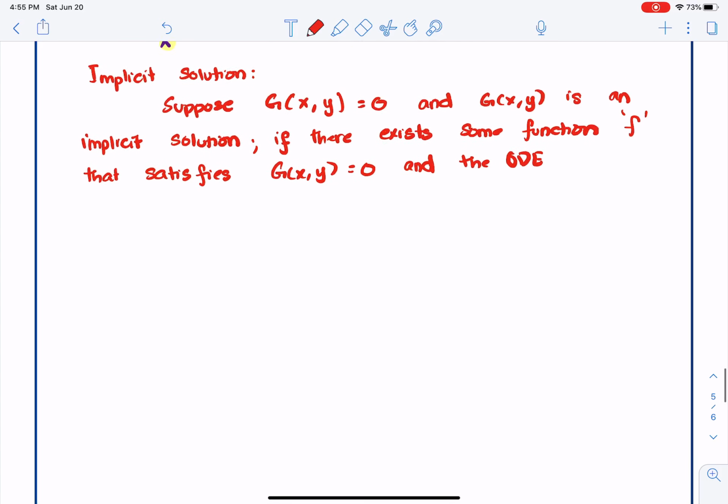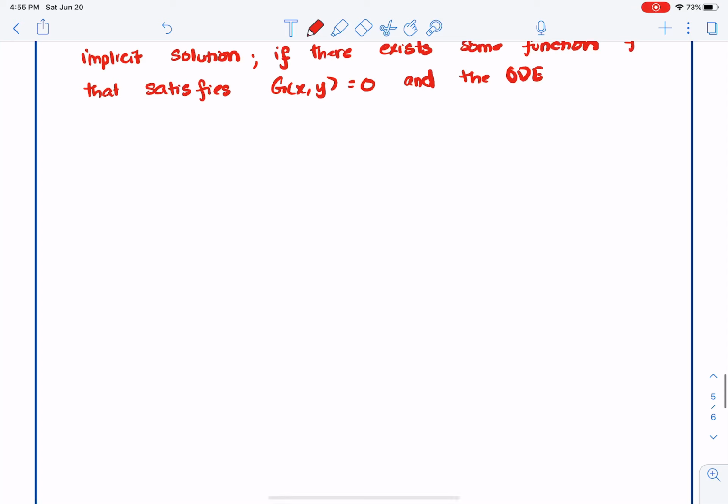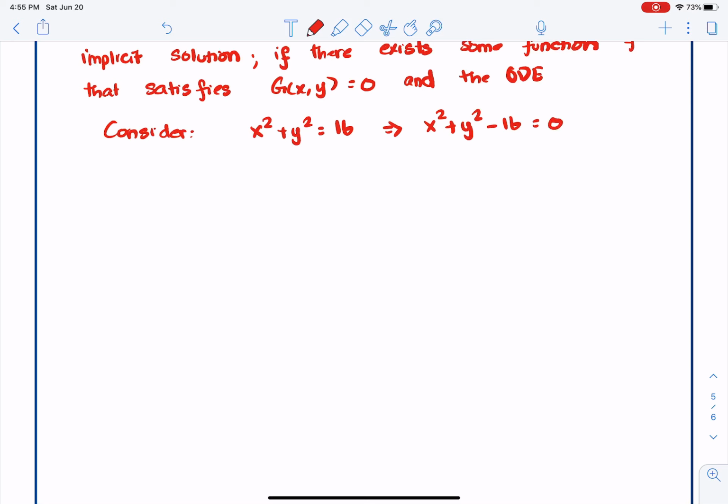So let's say we have x squared as an example. Consider x squared plus y squared equals 16. Now I could rewrite this as x squared plus y squared minus 16 equals 0. So I have a relation here, and that relation is g of x comma y.